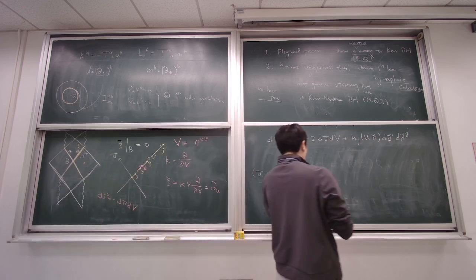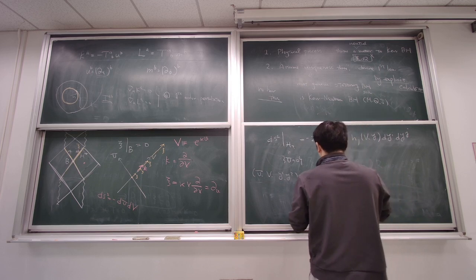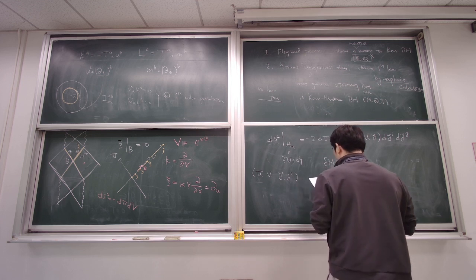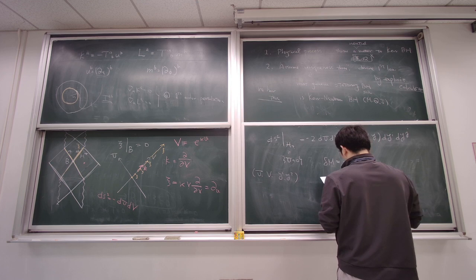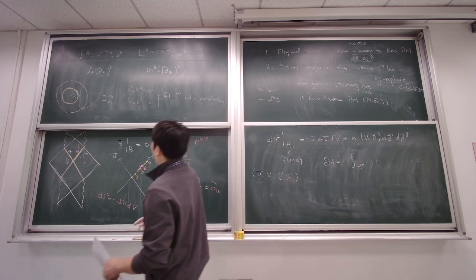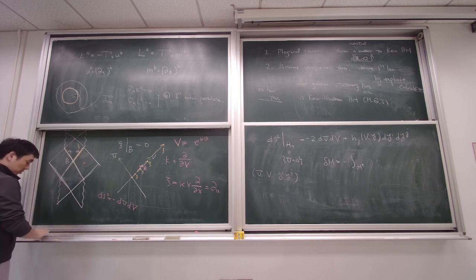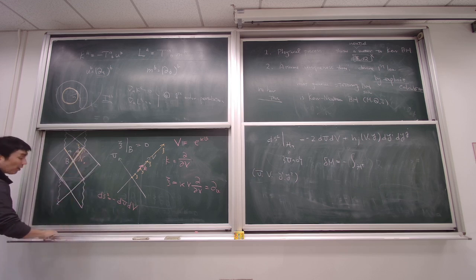So therefore delta M is given by minus the integral over the horizon H plus. H plus is somehow this orange region, and I call this region something else in my lecture note.